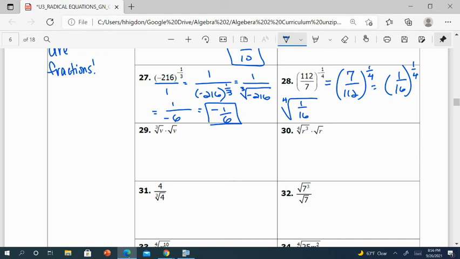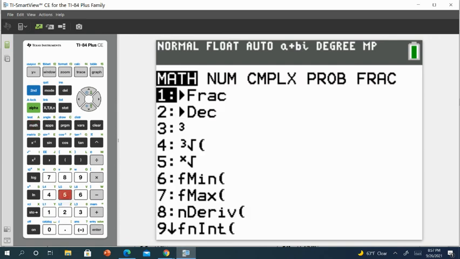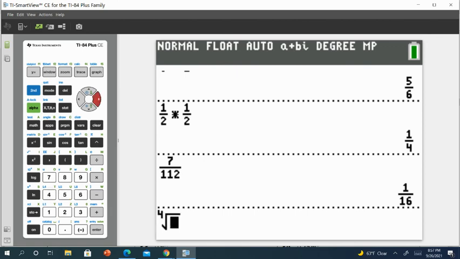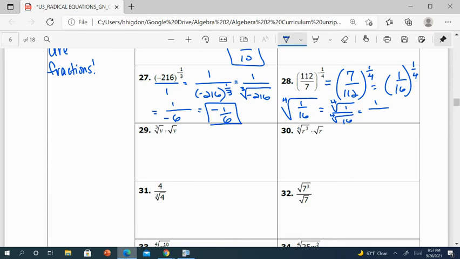Now when we take the root of a fraction, you're going to look at it like the 4th root of 1 and the 4th root of 16. The 4th root of 1 is 1, and the 4th root of 16 is 2. So this one ends up being nice and pretty.